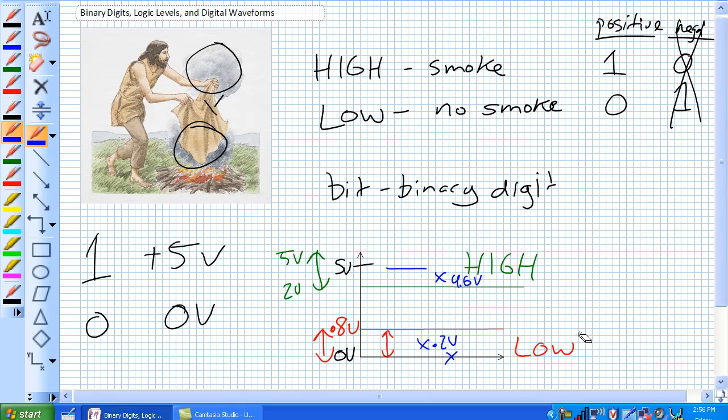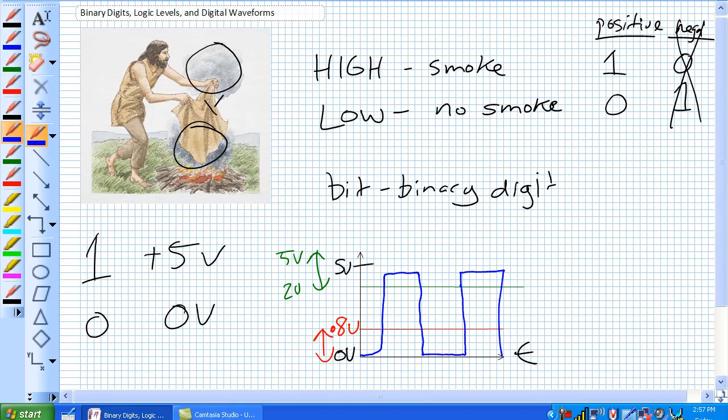In a digital waveform, if this is a graph of time, all a digital waveform is, as time progresses from left to right, is our waveform changing values between high and low.